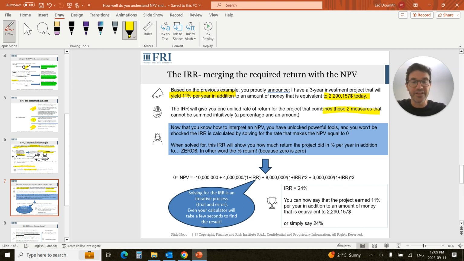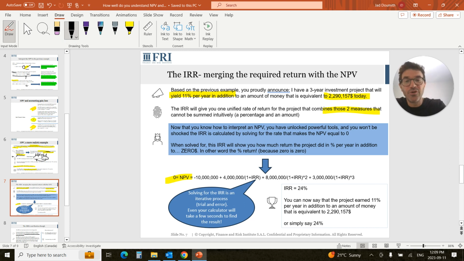For those who are already familiar with an IRR, you are taught to compute the IRR by setting the NPV equal to 0 and solving for the discount rate that makes the NPV equal to 0. You can now appreciate why the formula is written this way.